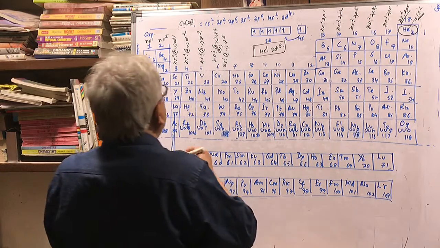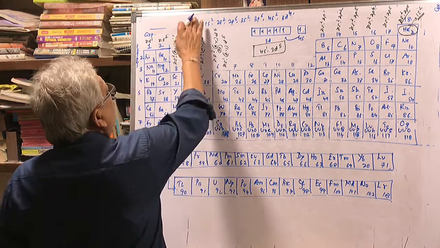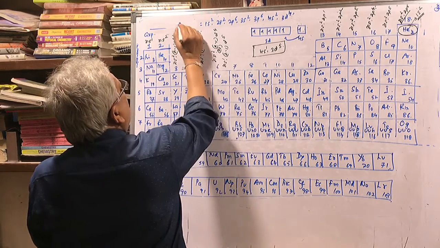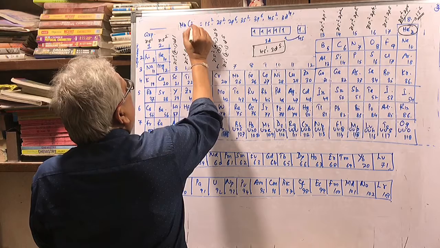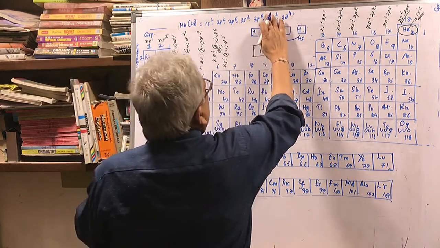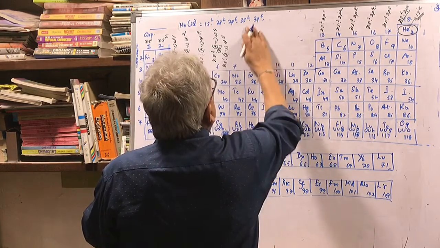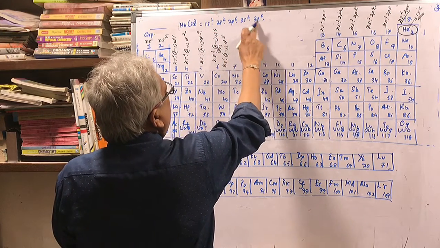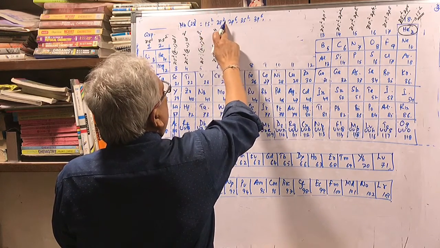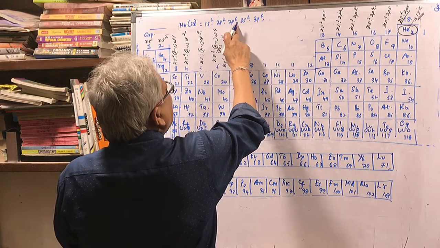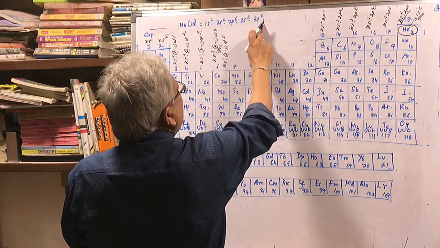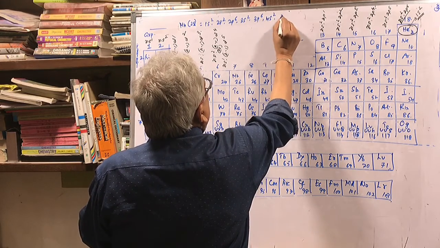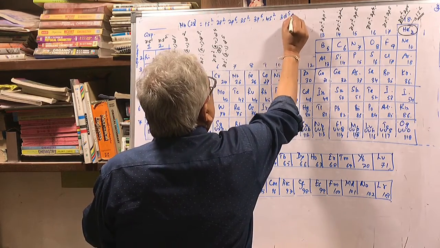Now if you go to group 7, I'll take one case, manganese, Mn, atomic number 25. The configuration will be 1s2 2s2 2p6 3s2 3p6, that is 2 plus 2 is 4, plus 6 is 10, plus 2 is 12, plus 6 is 18, then 4s2 is 20, and then 3d5 is 25.